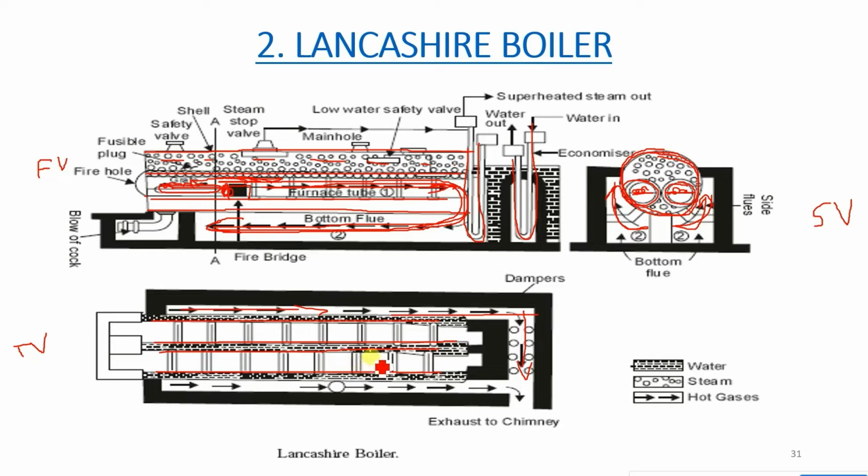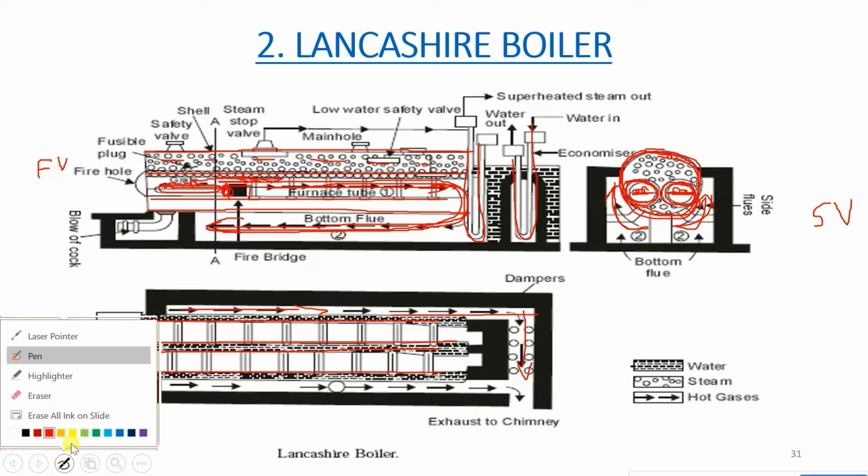So I will explain it with the help of video also. But let me explain its construction first. It consists of outer cylindrical shell which carries the water as well as two fire tubes. This fire tube carries grate on which combustion is taking place.